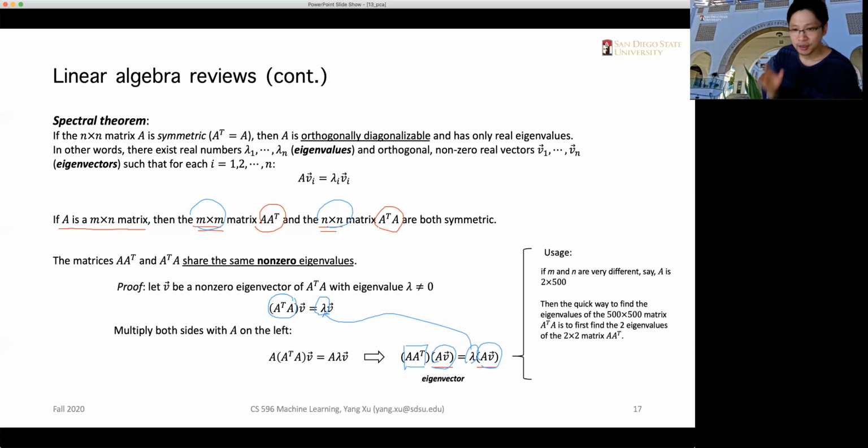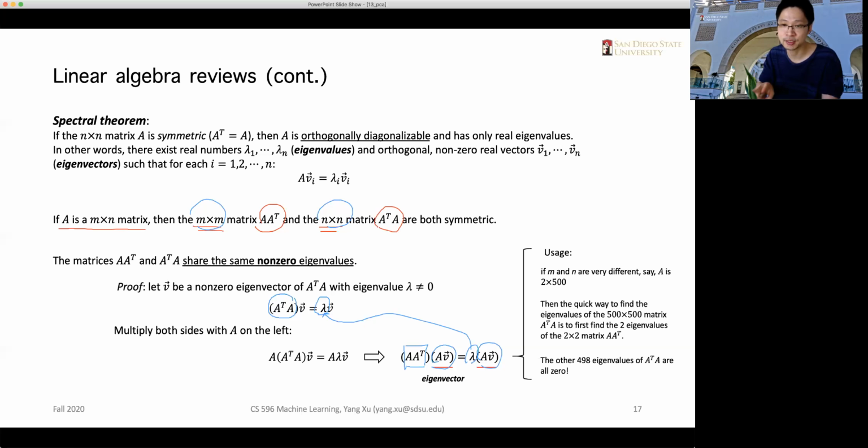Then the quick way to find the eigenvalues for the 500 by 500 matrix, which is A transpose times A, is to first find the 2 eigenvectors for this 2 by 2 matrix, A times A transpose, because the result of A times A transpose is just a 2 by 2 matrix. And what about the other 498 eigenvalues? They are zeros.